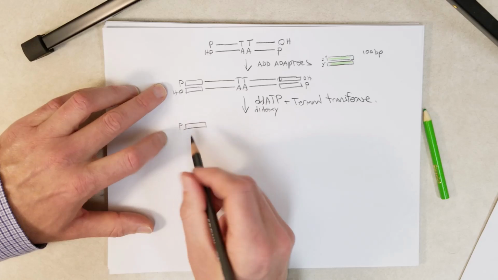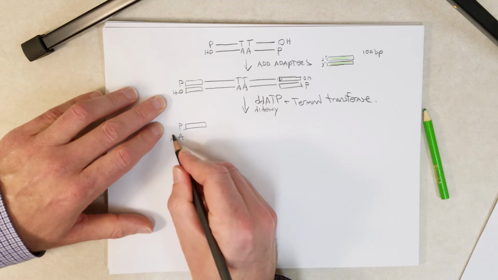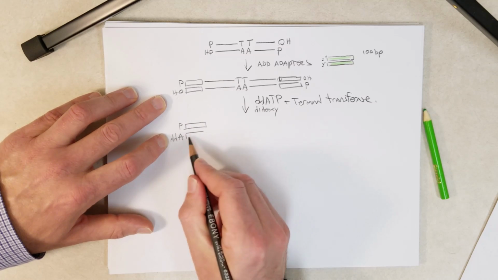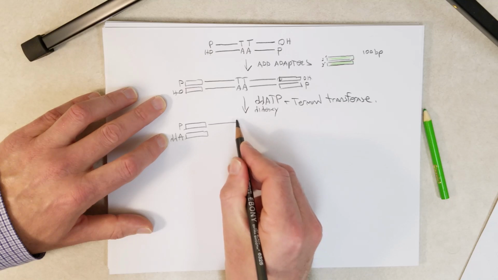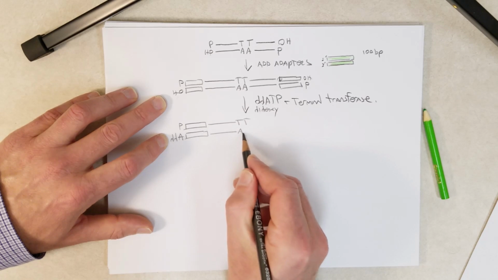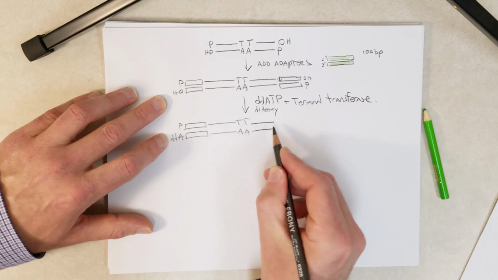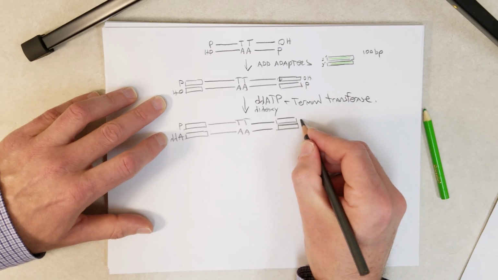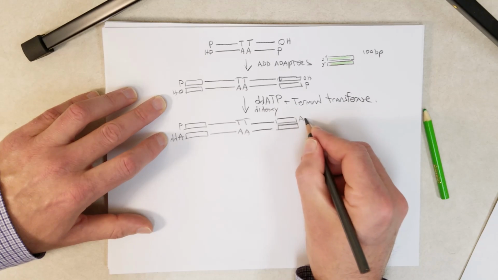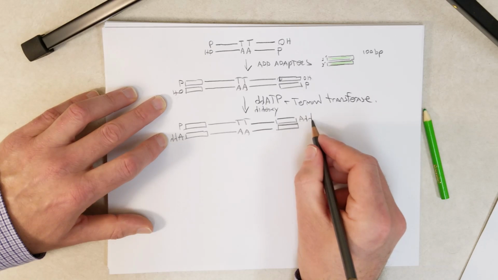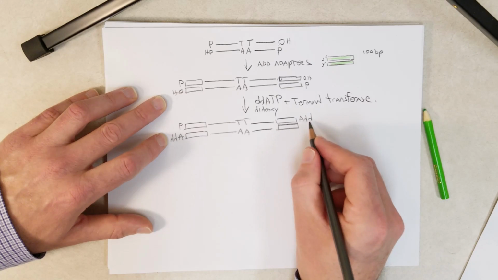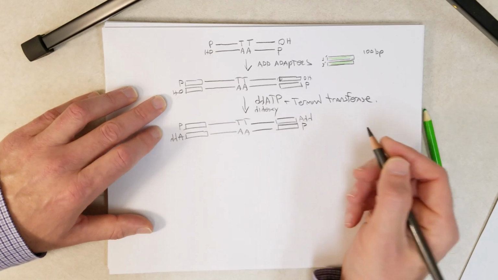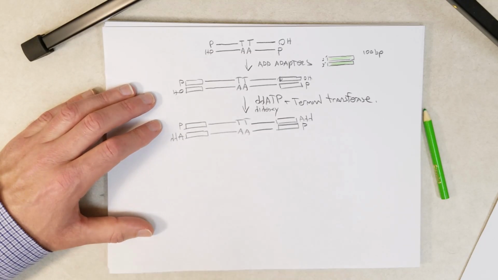So instead of an OH now, I'm going to put an A, and I'll put 2 Ds for dideoxy. Same thing on this side, A dideoxy, and P for the 5' phosphate.